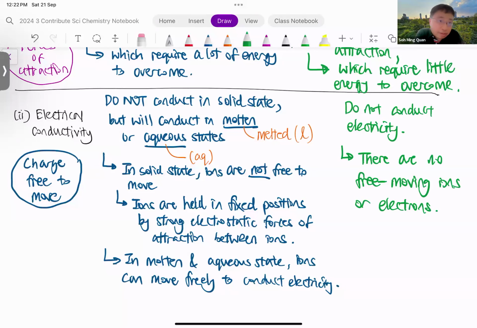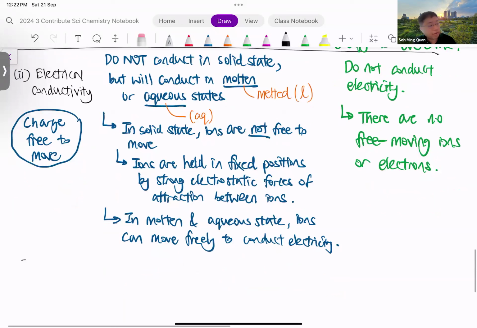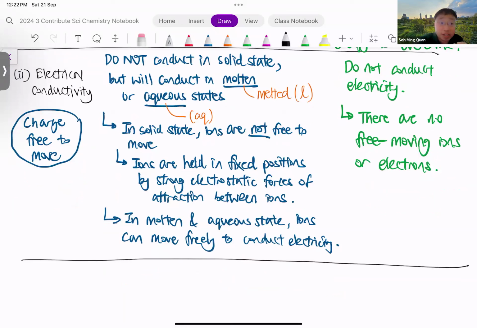This makes sense because a covalent substance is made up from sharing of electrons. If the electrons are shared, there are no ions to be seen, right? Ions are only formed when things lose or gain electrons. Sharing will not form ions. Okay, so that's electrical conductivity and how to explain the difference between ionic and covalent substances.